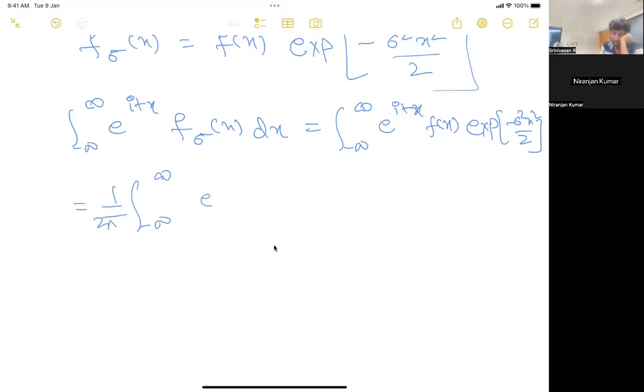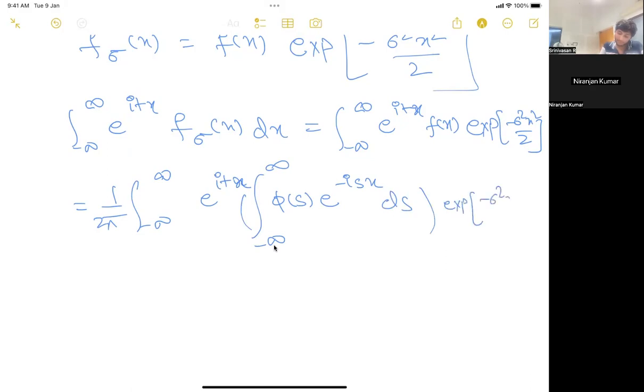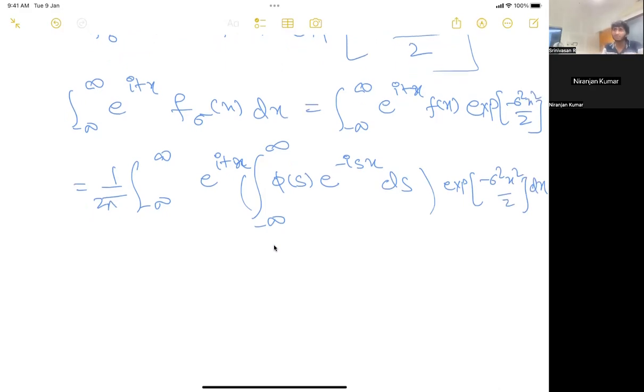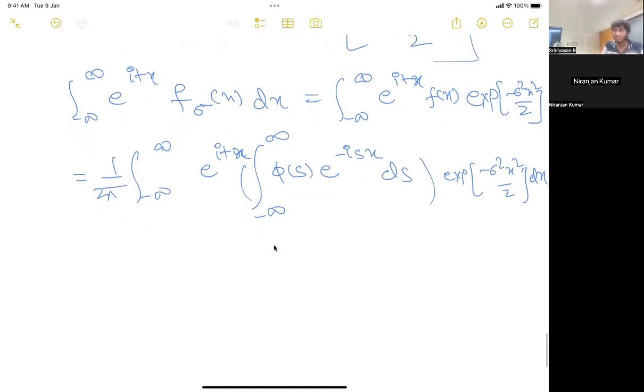So we take that out. Now since these functions are continuous, we can use Fubini's theorem here, and we can just change the order of the integral, and this will be equal to the following double integral.